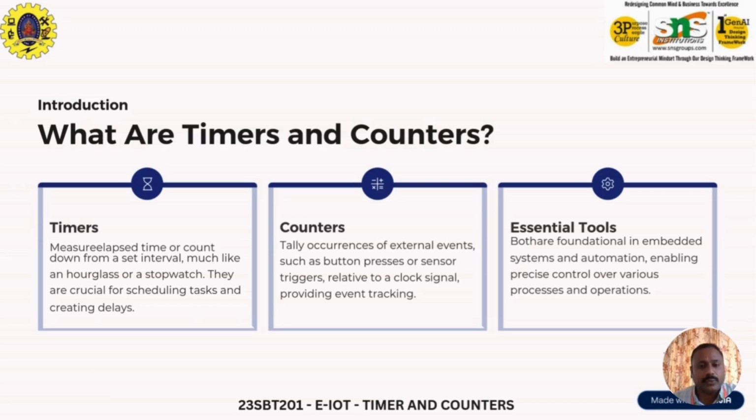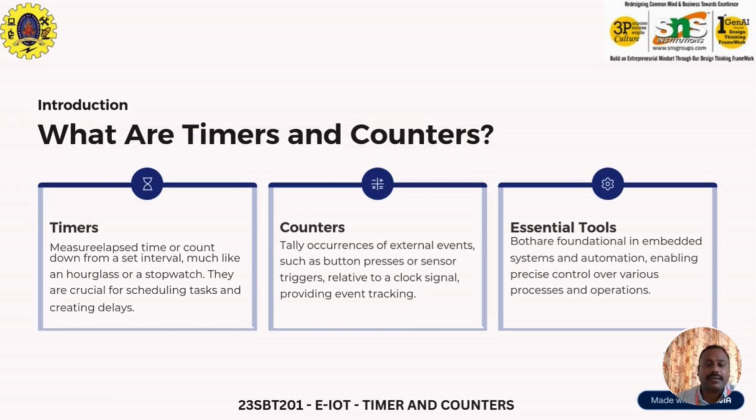Then next, counters. Basically, we know a counter will always count the sequence. So how the clock pulses matched, how many of the sequence are going to be matched with the timer clock pulse, and what data will be shared with the synchronized signaling methods. It counts the data sequence and tallies the occurrence of external events such as button presses or sensor triggers relative to a clock signal, providing event tracking.